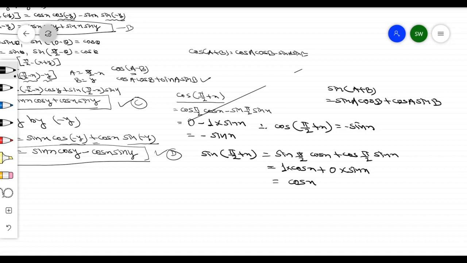Therefore sin(pi by 2 plus x) equals cos x.